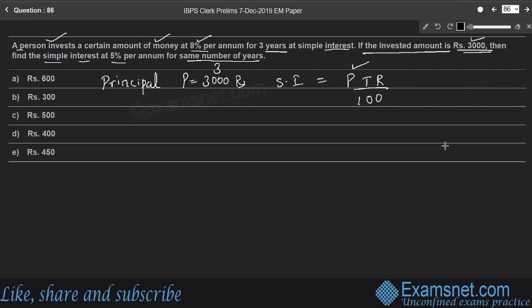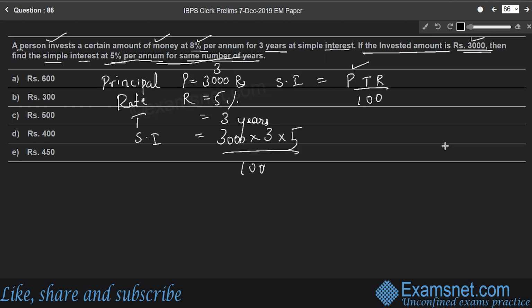At 5% per annum rate. So rate of interest is 5%. And for the same number of years, time is 3 years. Right? So simple interest is equal to PTR by 100. Principal is 3,000 into time is 3 years, R is 5% by 100.